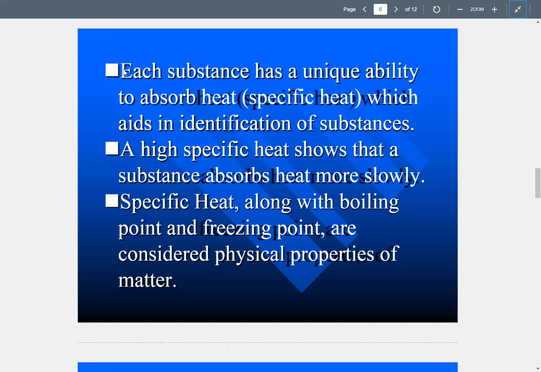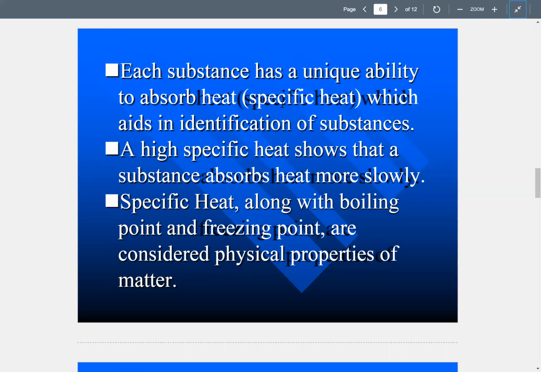Now, you've all experienced specific heat in your life. A great example of this is if you've ever been in a sauna. What is a sauna made out of? It's made out of wood. And the reason for that is we want to use a substance with a very high specific heat. Because what this means is the amount of energy that needs to be added to that substance to get it to change temperature is very high.